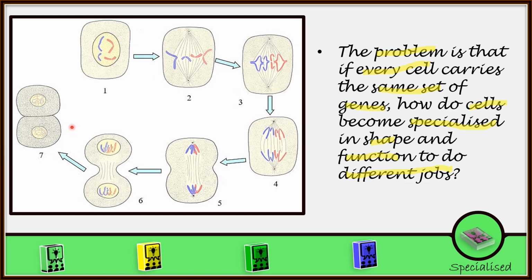They have the same shape, the same function, and the same genes. Then where will the cells come from which are specialized in different shapes and functions, when mitosis gives us only identical cells with the same set of genes?